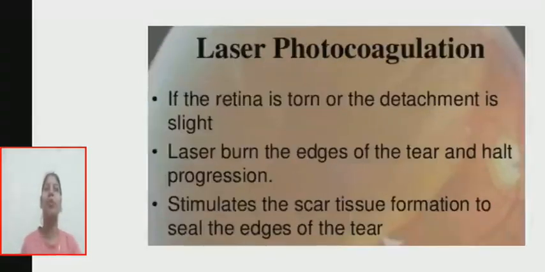Laser photocoagulation: if the retina is prone to detachment or the detachment is slight, the laser burns the edges of the tear and stimulates scar tissue formation to seal the edges of the tear.